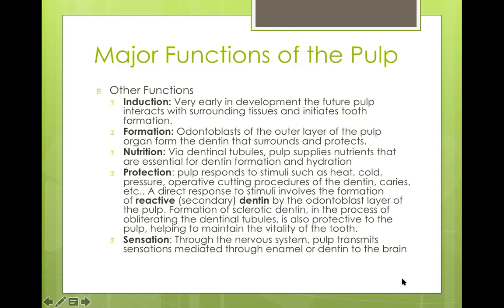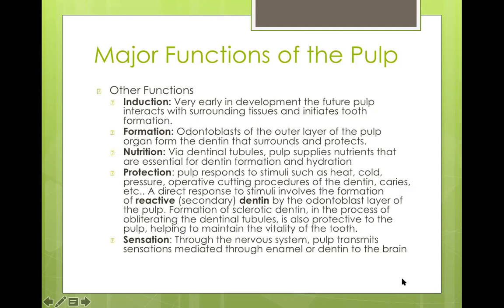The pulp tissue will interact with the surrounding tissues and initiate tooth formation, not only embryologically, but also as the child is growing, for the accessional and successional teeth. The pulp will send inductive chemicals to the periapical region to make the tooth bud grow.